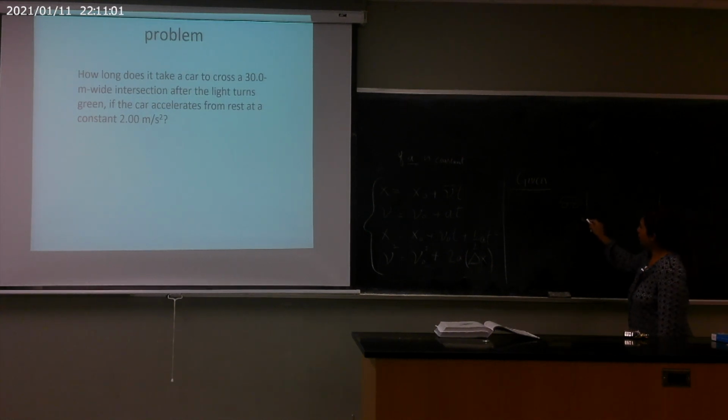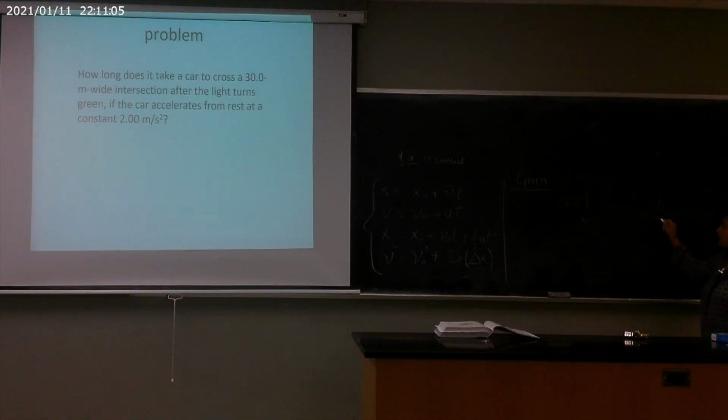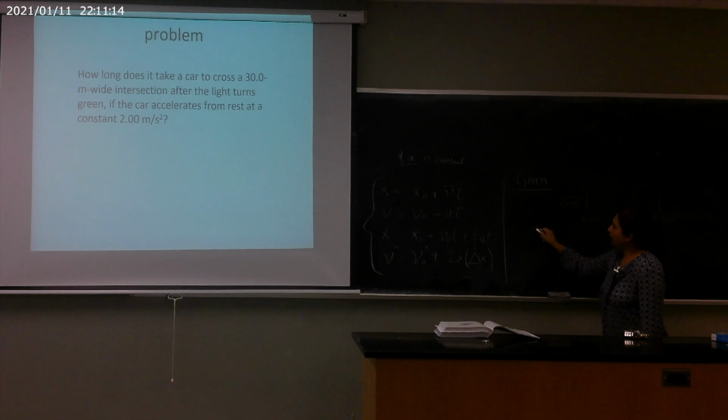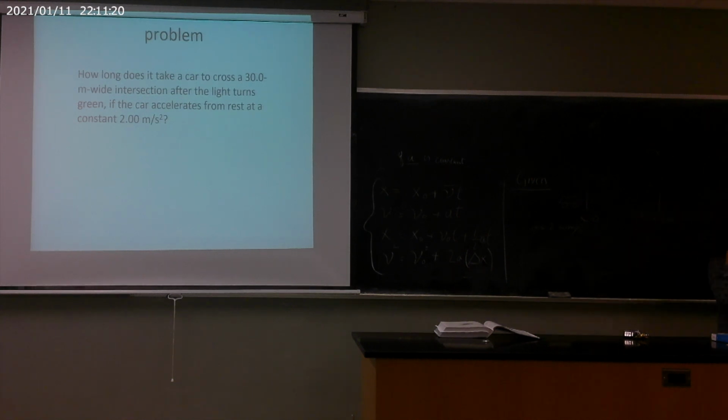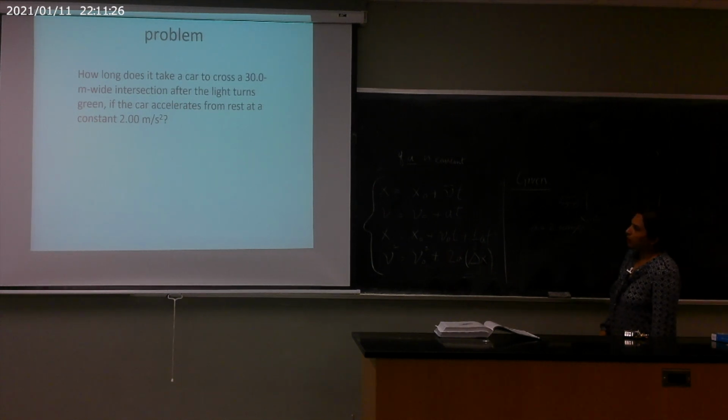So what's the initial position? 0. What's the final position? 30. Very good. And you know the acceleration, which is 2.00 meters per second square. You have to go up to at least 3 significant figures. What else?